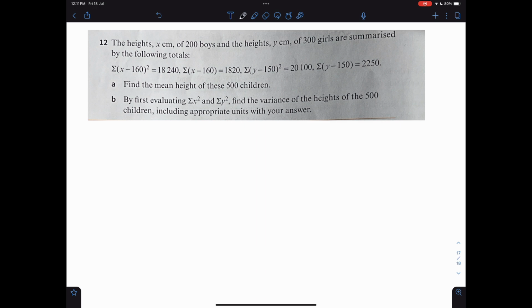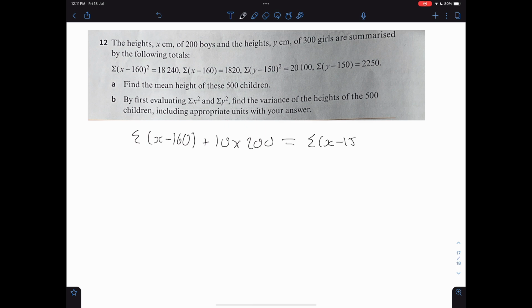So say this is the sum of (x − 160). If we were to add 10 times 200, that will give us the sum of (x − 150).